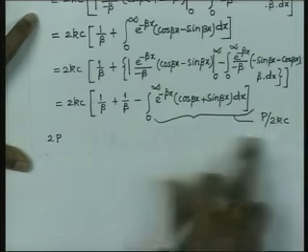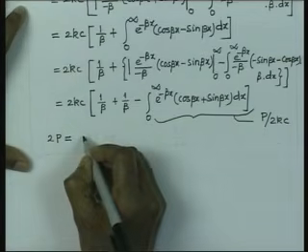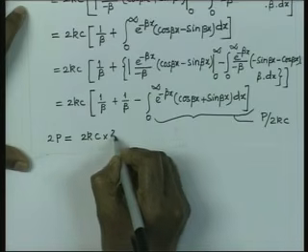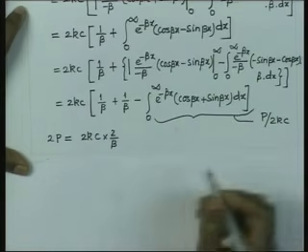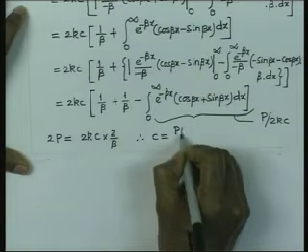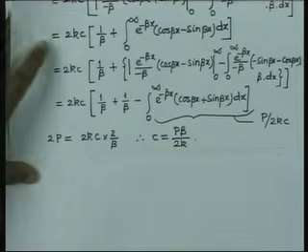So this 2 kc will cancel, this p can be taken to the left hand side, and therefore we have 2 p equal to 2 kc into 2 by beta, and hence this constant is equal to p beta by 2 k. So, that is the constant of integration for this particular problem.